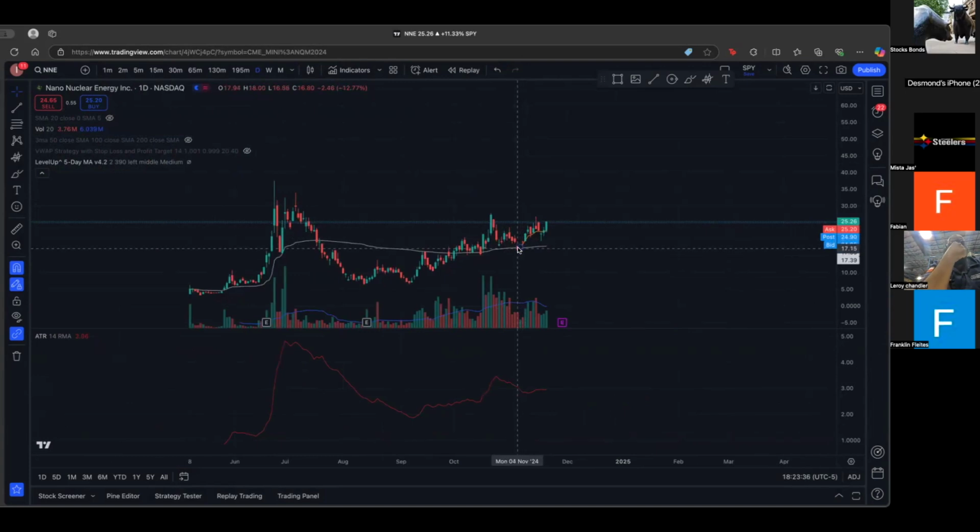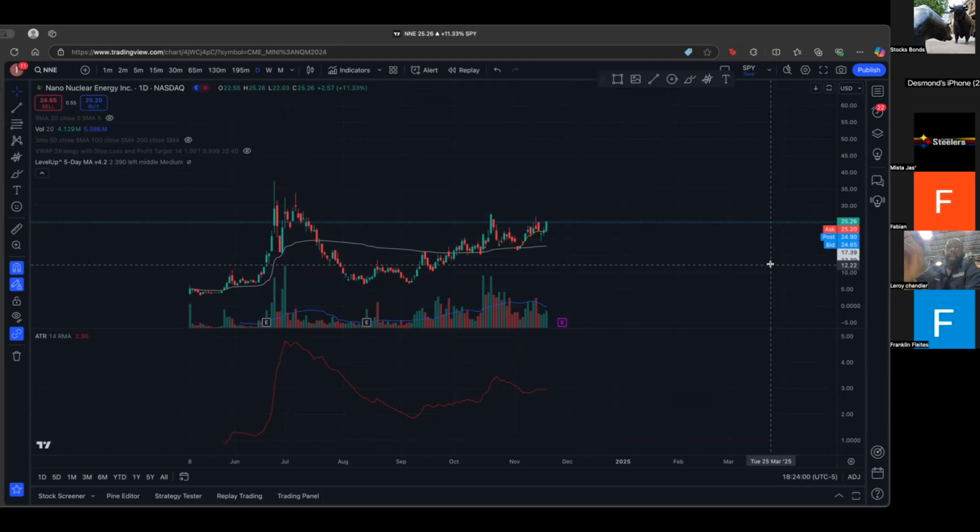For a $17 stock, a 4-point ATR means we're talking somewhere around a 20% move every single day. So if you want to know whether a stock is volatile or not, take the stock price and compare it with the ATR. Now, having a 21-point ATR might sound like a big deal, but it's a $950 stock.